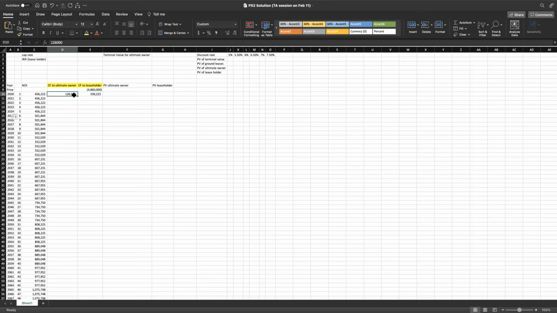In contrast, on page number 6 of the problem set, it says the ground lease payment will increase by $10,000 every 5 years until 2030. So it's not exactly the same pattern as the NOI.